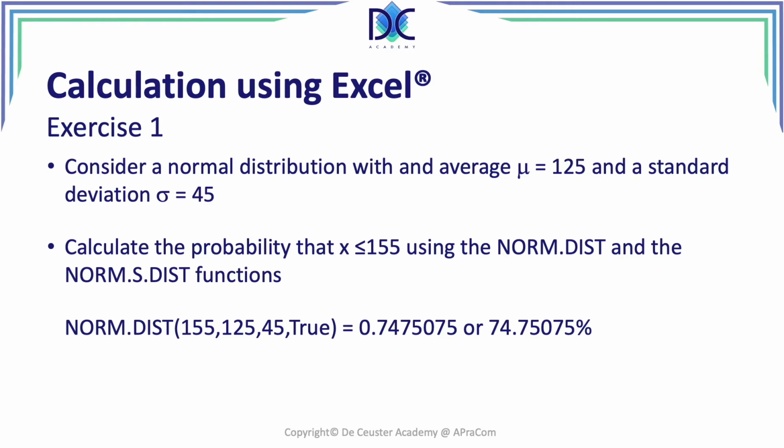So we have to select the cumulative distribution. And we find 0.7475 and so on, or 74.75075%. It means that there is a probability of approximately 74.75% that x will be smaller or equal than 155.